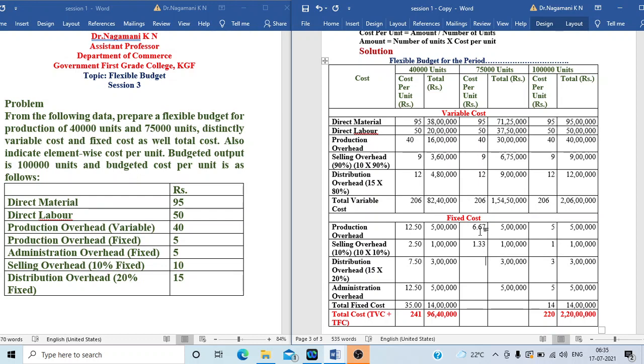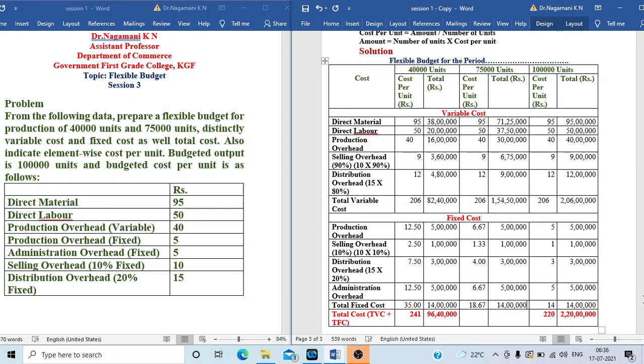Then distribution overhead 3 lakh divided by 75,000 is 4. Then administration overhead 5 lakh divided by 75,000 is 6.67. Total fixed cost per unit is 18.67 for 75,000 units, and total fixed cost amount for 75,000 units is 14 lakhs.